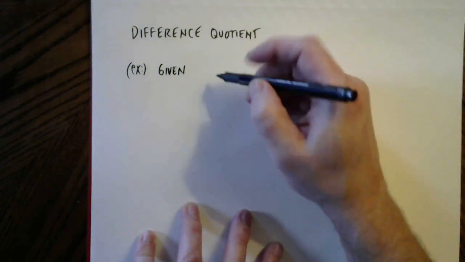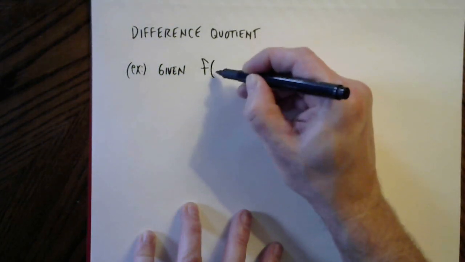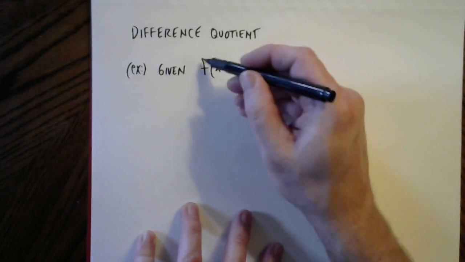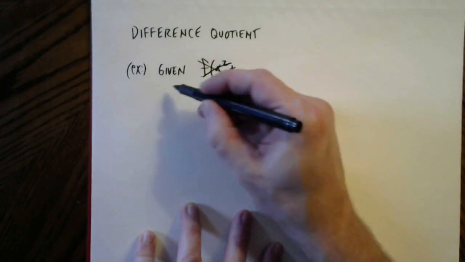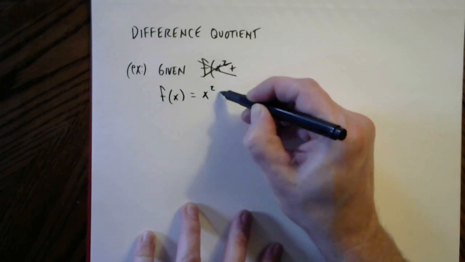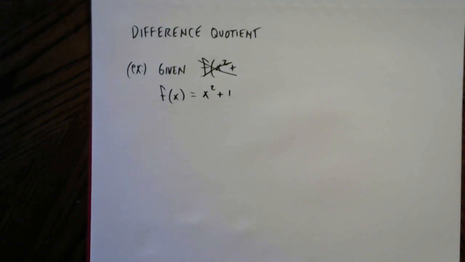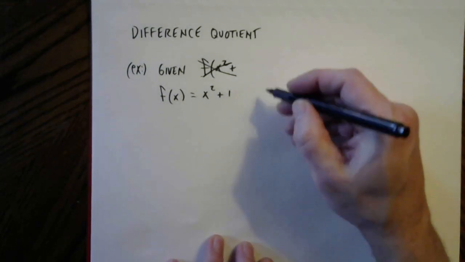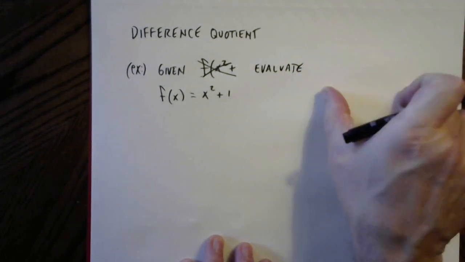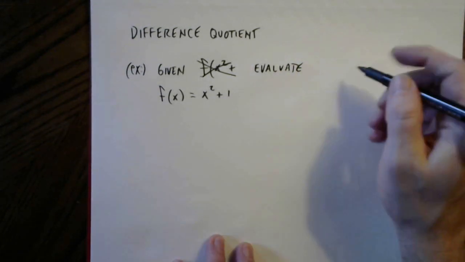Given some function, let's say, given f of x equals x squared plus 1. Given this function, we will evaluate some difference quotient.